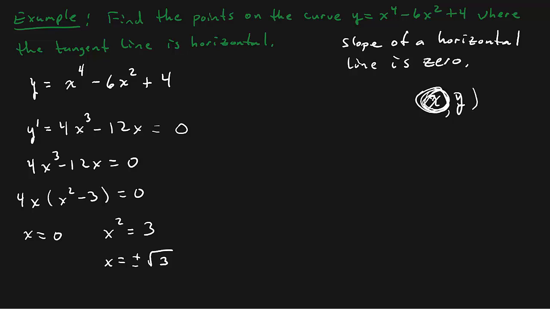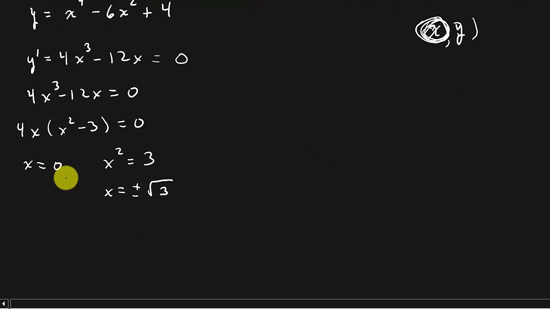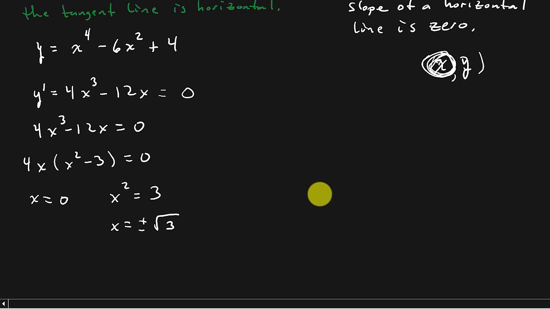All right, so the slope is 0 at x values of 0, square root of 3, and negative square root of 3. So what are the points? All right, so y of 0, when x is 0, right?